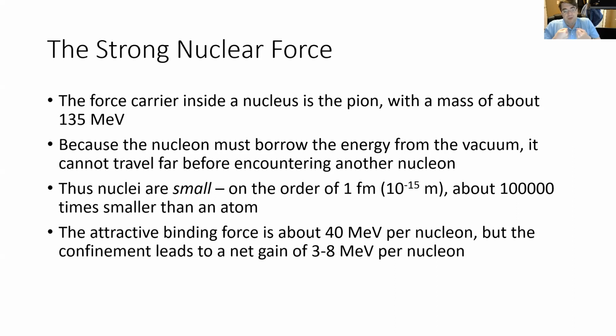The net effect, the drop in energy due to the binding force, then the necessary gain of kinetic energy to stay bound, gives you a net which is a lot smaller, but still significant: about 3 to 8 million electron volts per nucleon.